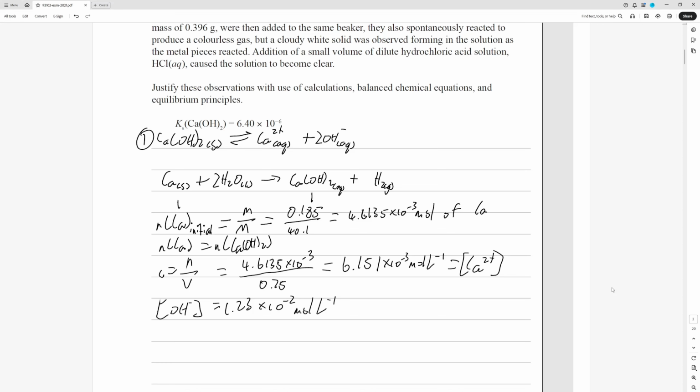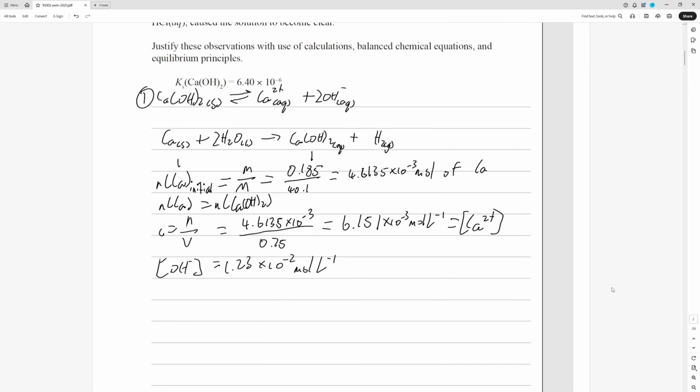Okay, now what we can do is go back and use the value given to us for calcium hydroxide, being 6.4 times 10 to the power of negative 6. Now, what this value means is that in a fully saturated solution, the concentration of calcium ions times the concentration of OH- ions squared is going to equal that.